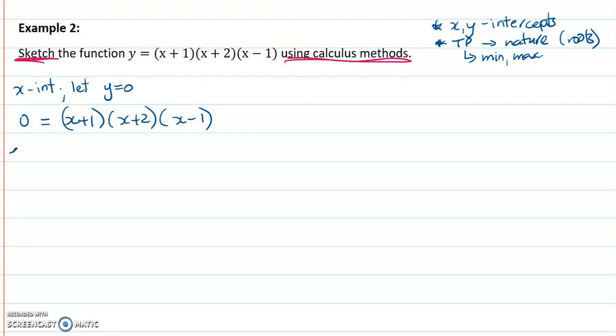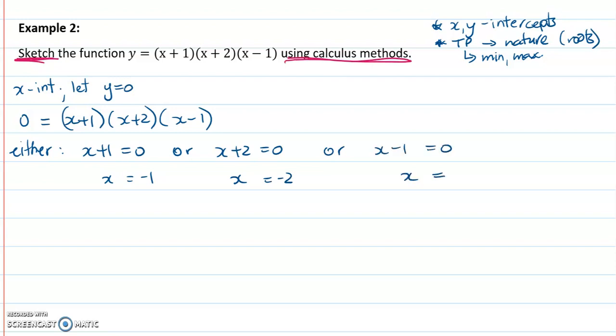What that means is that either x plus 1 equals 0, so x is equal to negative 1, or x plus 2 equals 0, so x equals negative 2, or x minus 1 equals 0, so x equals 1. So the coordinates of our x-intercepts are negative 1, 0, negative 2, 0, and 1, 0.